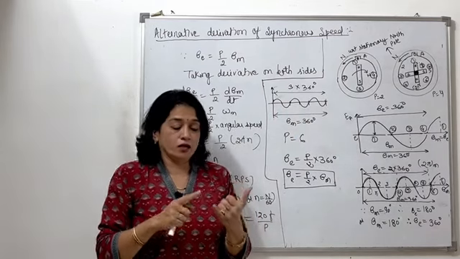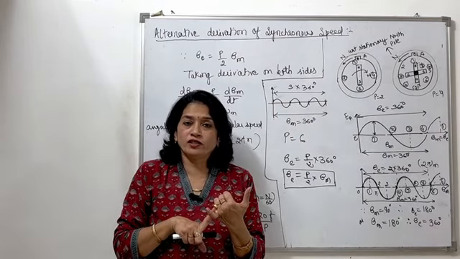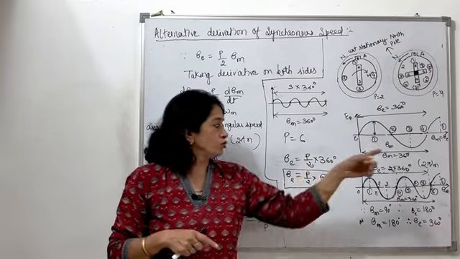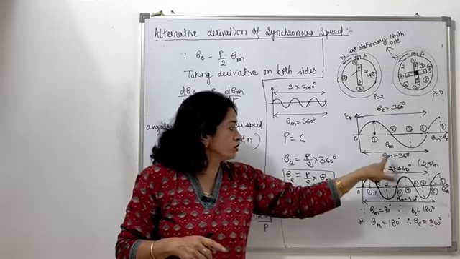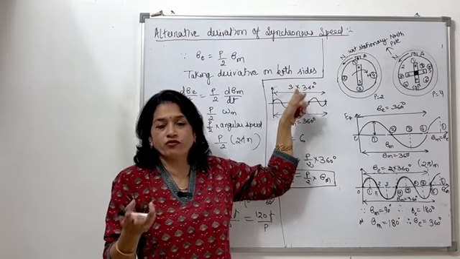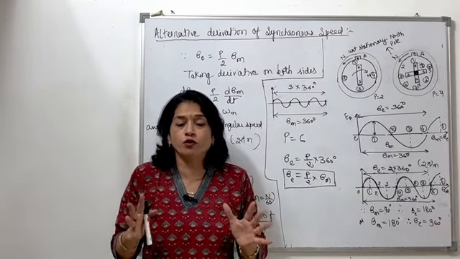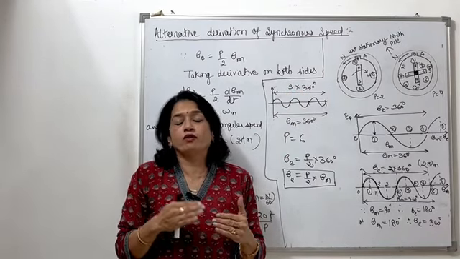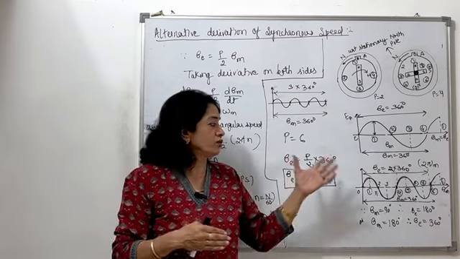If one pair of poles is there, one cycle of EMF; two pairs of poles, two cycles of EMF; three pairs of poles, three cycles of EMF; four pairs of poles, which means eight poles, four electrical cycles would occur.